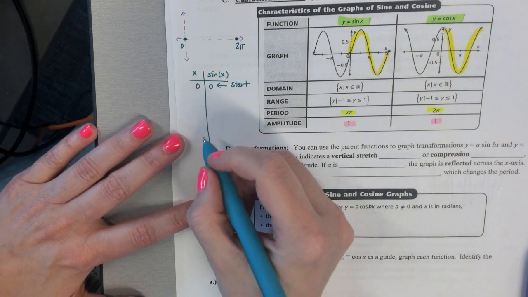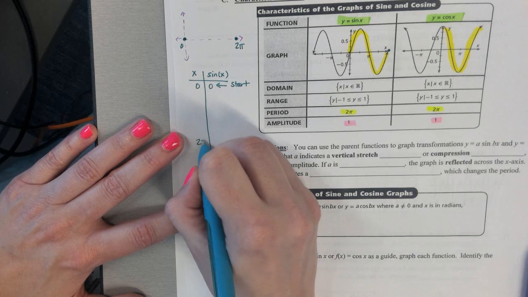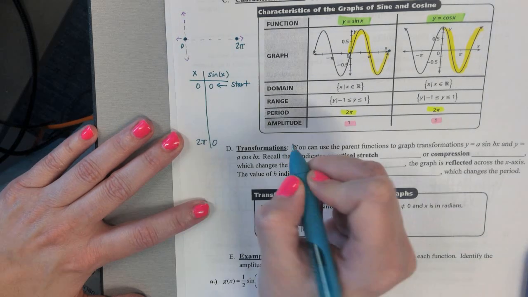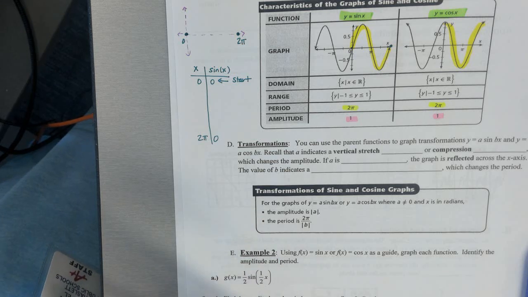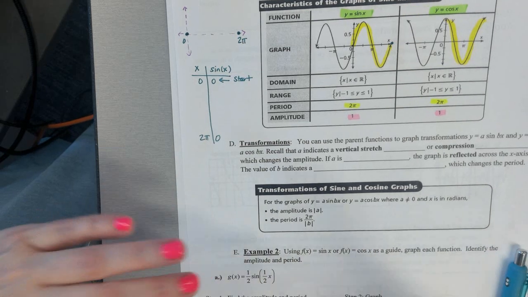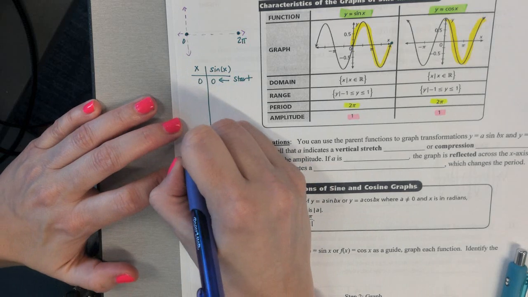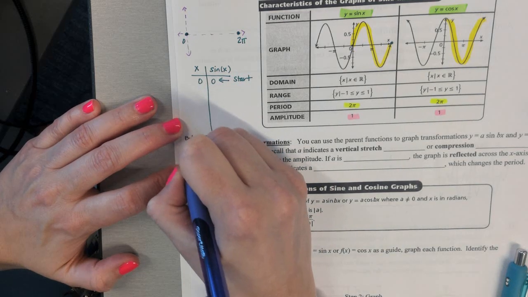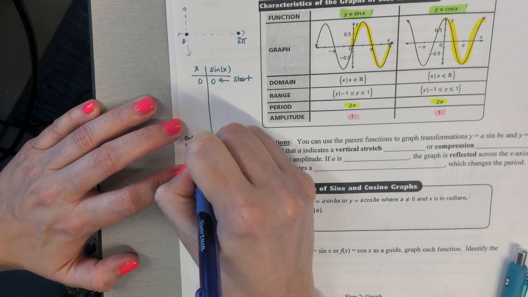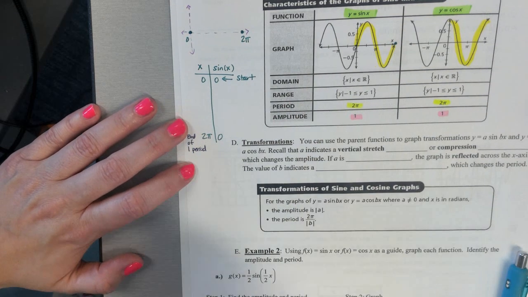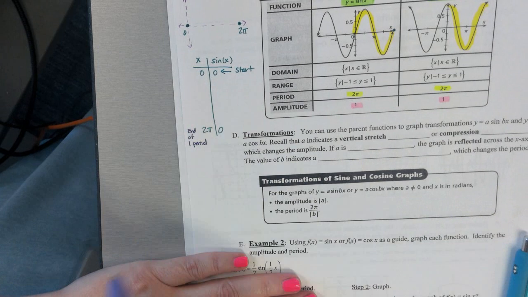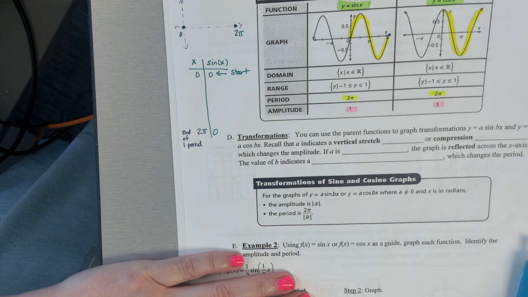So will you put that at the very bottom here? So you start and you end at the same place. And this is the end of 1 period. So this is why you end at 2 pi, because that is 1 period. Start at 0, end at 2 pi.